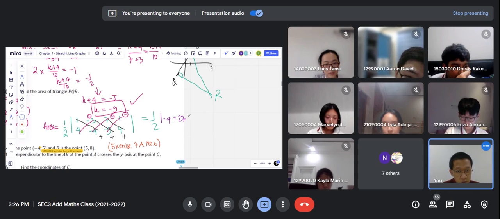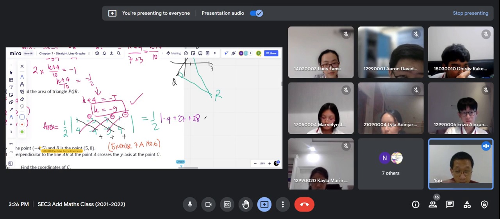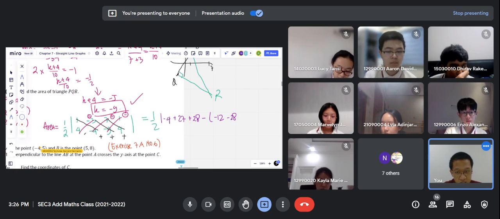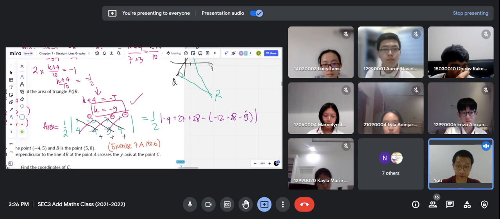7 times 4 is 28. Then you go with subtraction, minus here. For me, I prefer to do it this way, minus and then bracket. Then I just multiply. 4 times negative 3, negative 12, negative 4 times 7, negative 28, negative 9 times 1, negative 9. This is what I prefer.